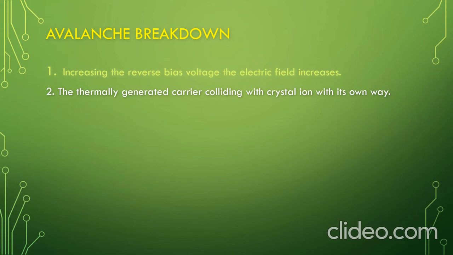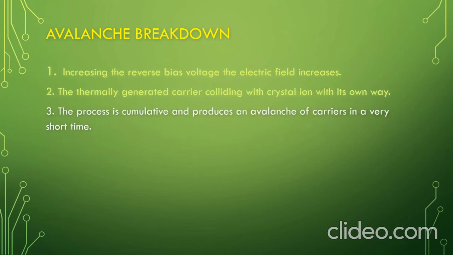This process is cumulative and produces an avalanche of carriers in a very short time. This mechanism is known as the avalanche multiplication process, which causes a large reverse current.